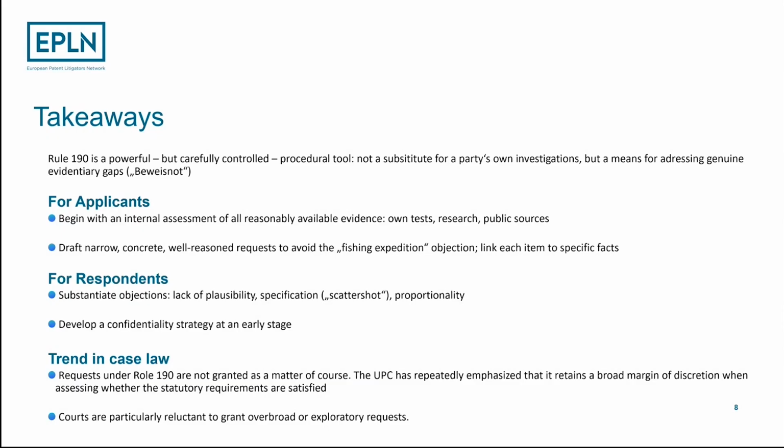For applicants, it is therefore highly recommended to begin with an internal assessment of all reasonably available evidence, as already mentioned: own tests, research, public sources, not limited to public domain in the sense of it has to be free. This is also a question of proportionality.